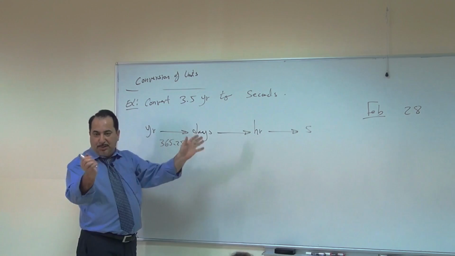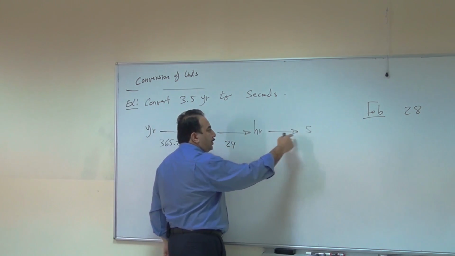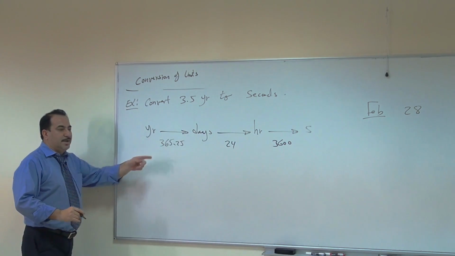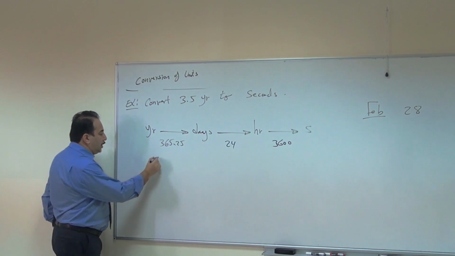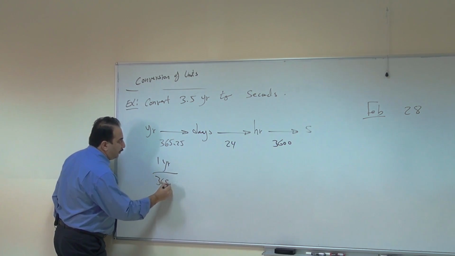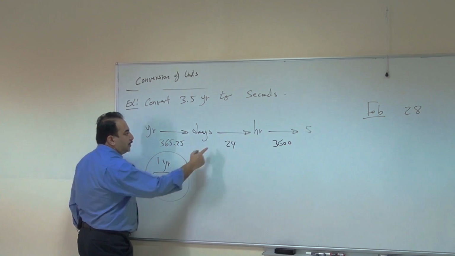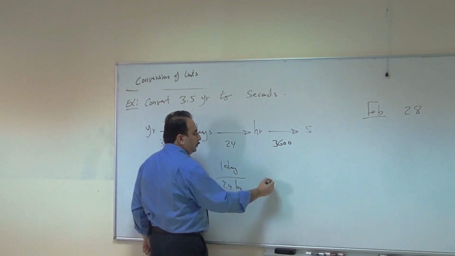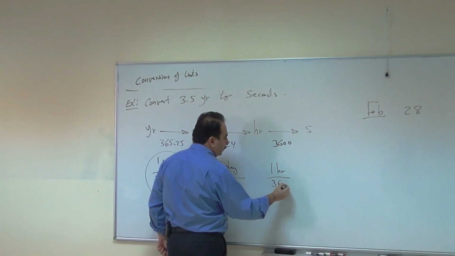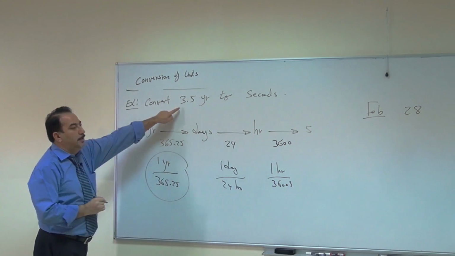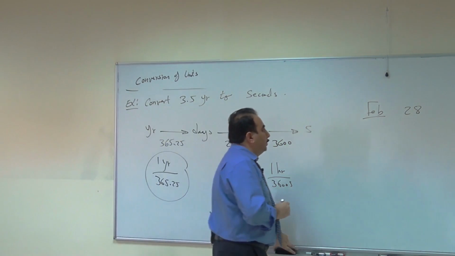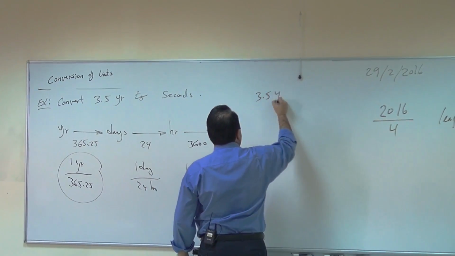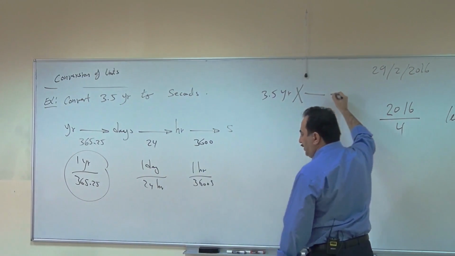Now, days to hours, this is complete, yeah? Full, 24. Hours to seconds? 3,600. Now, write them as ratios. Which one is large? 1 year. This is the first conversion, yeah? 1 day. Then take your number and do the conversion. One conversion.